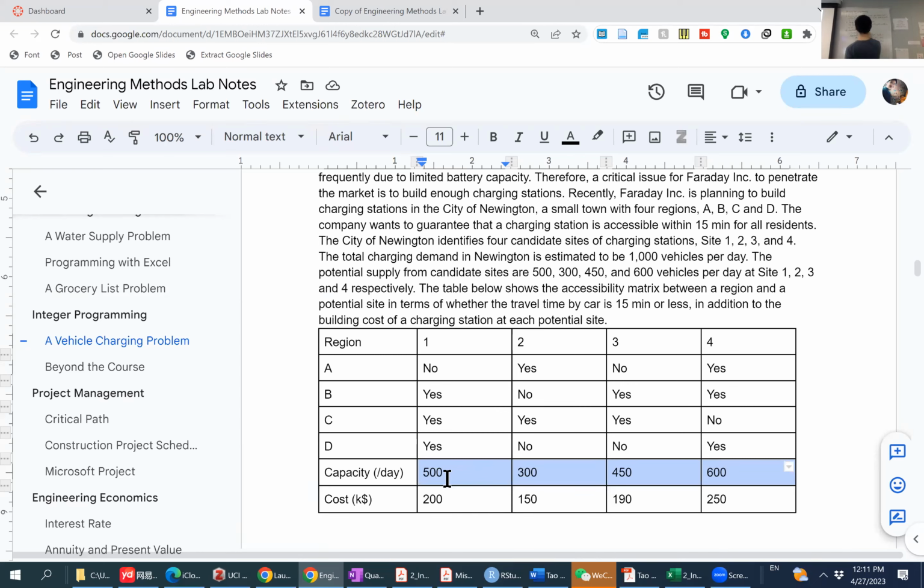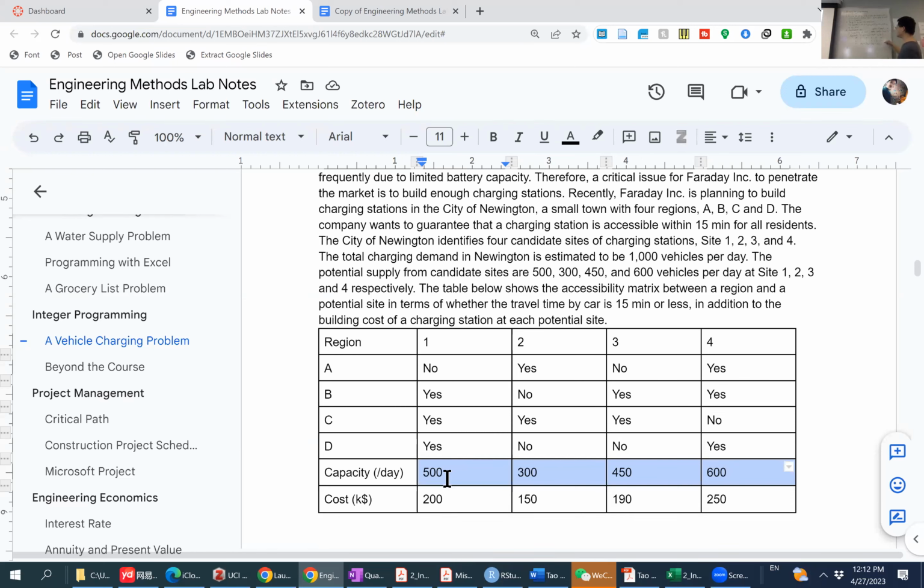We should say that at least one station is within 15 minutes for region A through D. So that's exactly what we did here.